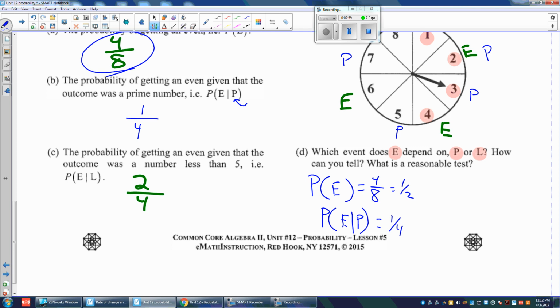Oh, that changed. The probability that it's even, given that it's less than 5, is still 2/4, which is 1/2. And that's not changed.